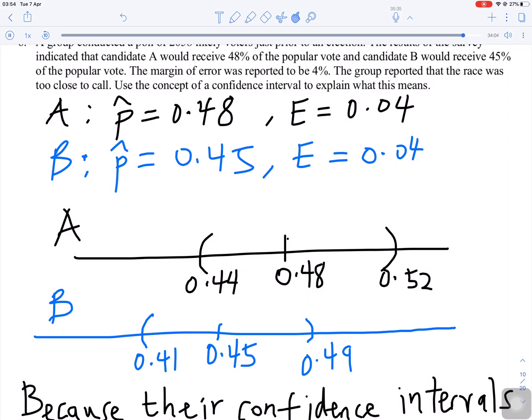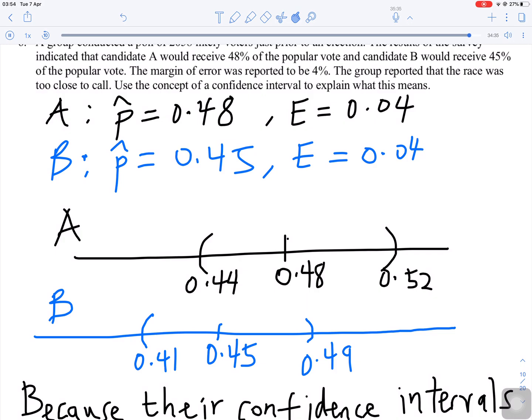Then one thing you will notice is their confidence intervals overlap. Now, because there is an overlap, the actual proportion of votes that A could get could fall between 0.44 and 0.52, and what B could get can fall between 0.41 and 0.49. Because there is no distinct difference between these confidence intervals, there is an overlap.